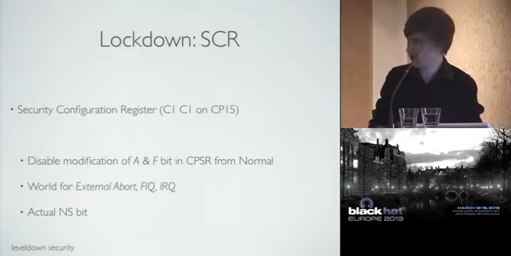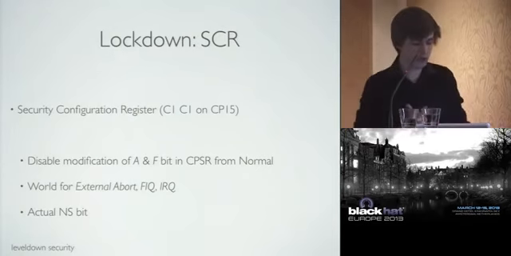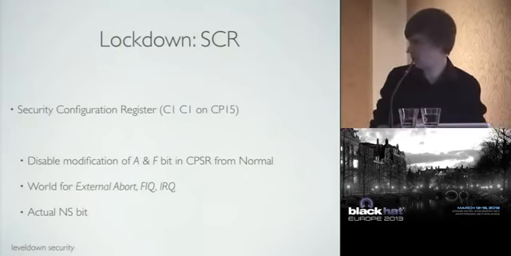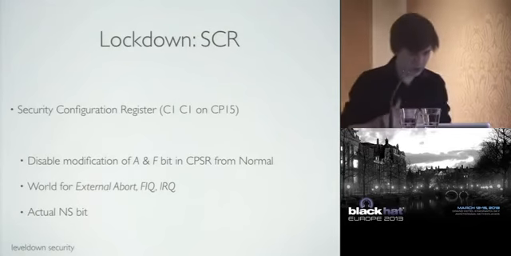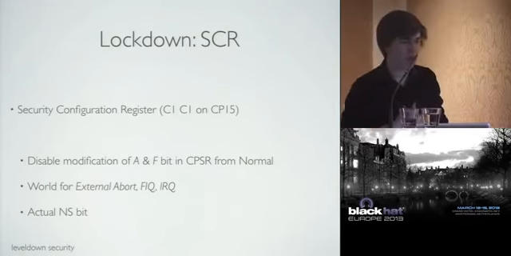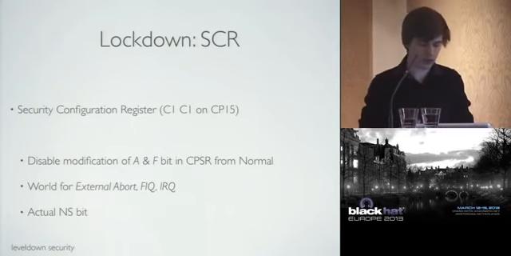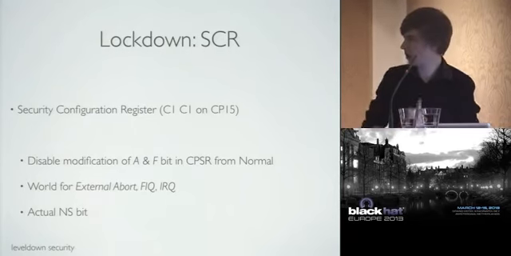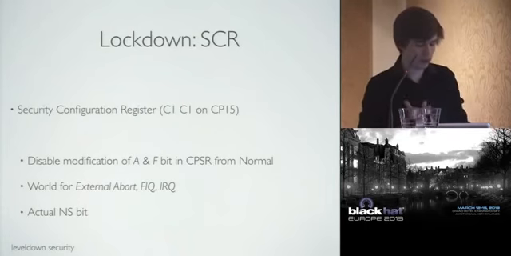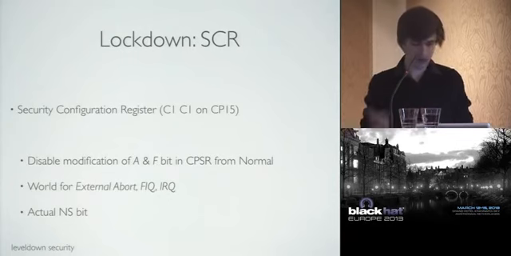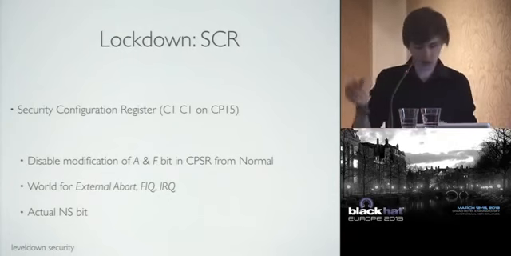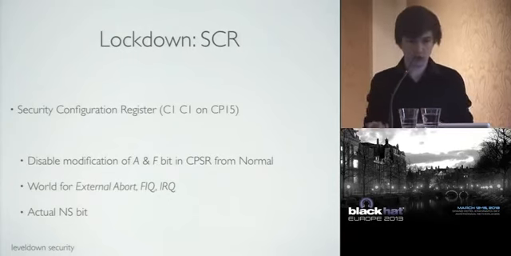I mentioned earlier there's the security configuration register on the coprocessor, and two of the things that it allows is the modification of the A and the F bit in the CPSR. CPSR is the current program status register, and the A and the F bit are 2 bits to disable fast interrupts and abort interrupts.